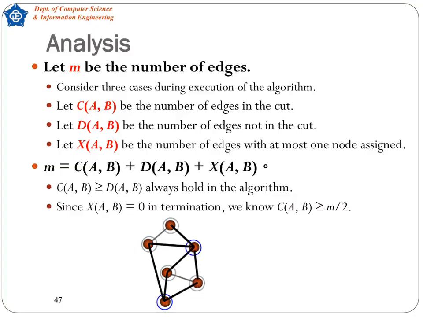Upon termination, C(A, B) will be greater than or equal to M divided by 2. This means that at least half of the total edges will always be found in the cut when our partitioning is complete. The accompanying diagram on the slide provides a visual representation of a generic graph, helping us visualize these very components, its nodes and edges, as we've discussed them in this analysis.